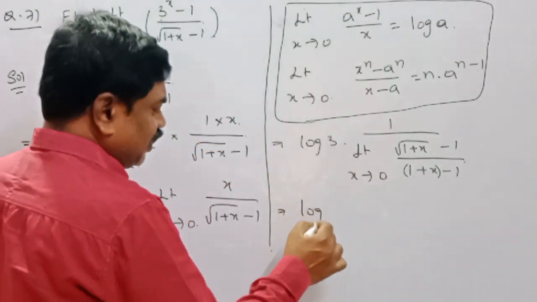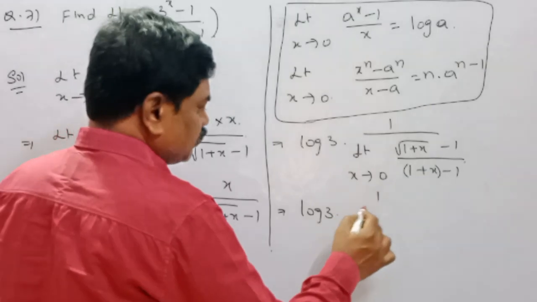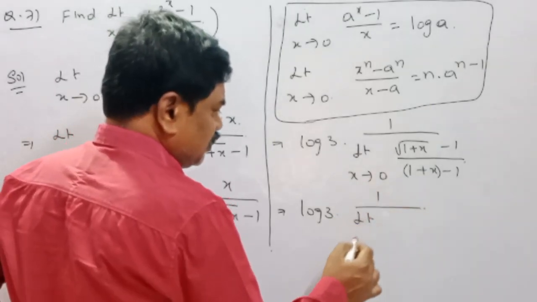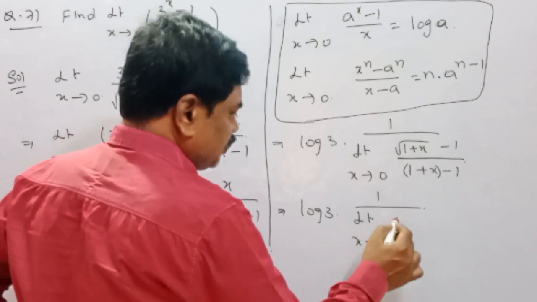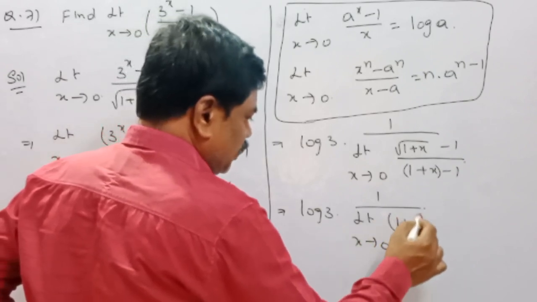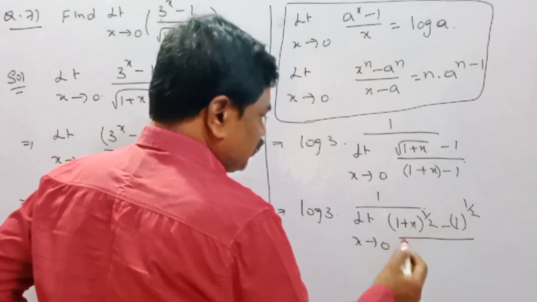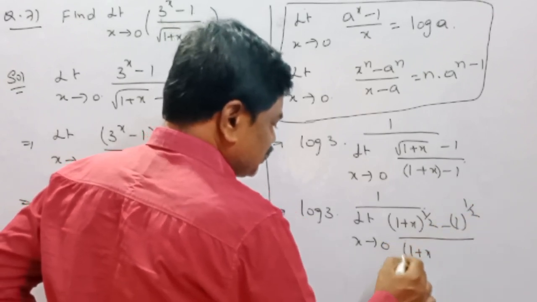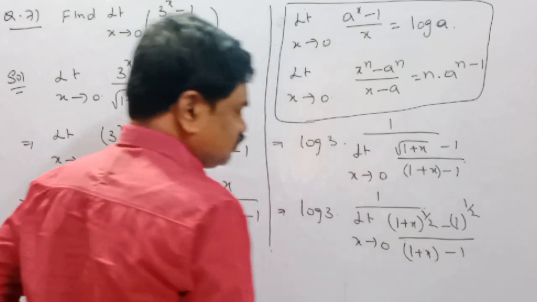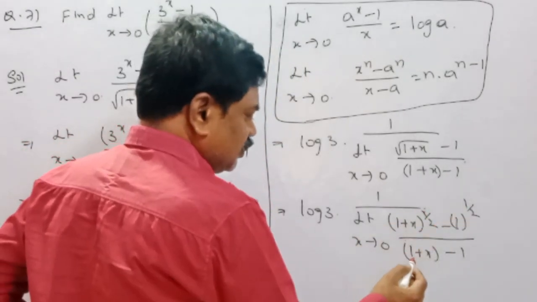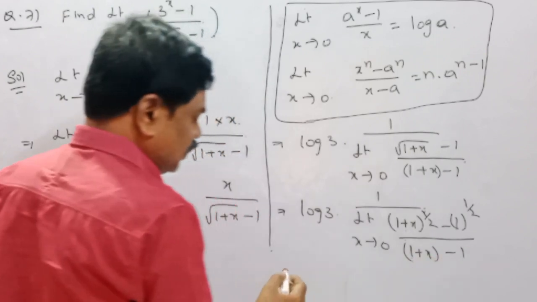So log 3 into 1 by limit x tends to 0, (1 plus x) whole power 1 by 2 minus 1 power 1 by 2, by 1 plus x minus 1, using x power n minus a power n by x minus a.